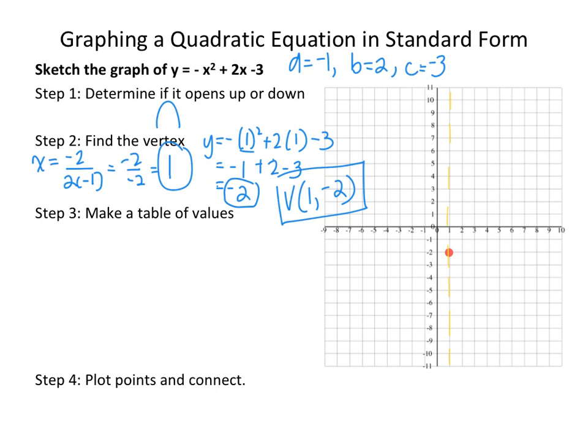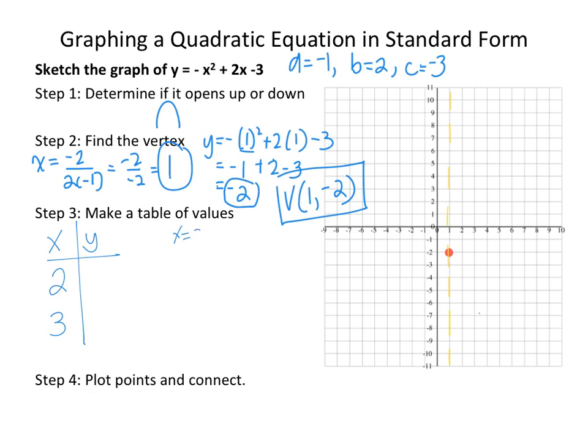So we're going to do the same thing again, choose 2 values pretty close to our vertex. So if you want to go to the left, you can use that, but I don't really like using negative numbers, so I might just stick with 2 and 3. And I'll also switch to maybe a thinner pen because I know I'm going to have a bunch of work over here. So we'll make an XY table, XY. We're going to work with 2 and 3.